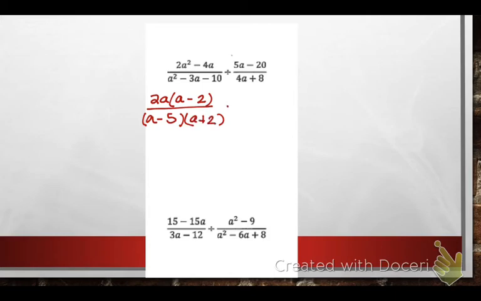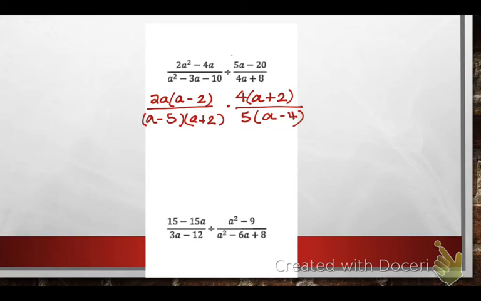So we can go ahead and do this all in one step. I'm going to change that to multiplication. So I kept the first, I changed it to multiply. Now that numerator is going to become the denominator and vice versa. So I'll factor out that GCF. You see that I'm rewriting and factoring all at one time. If you need to write more steps out, then you can certainly do that.